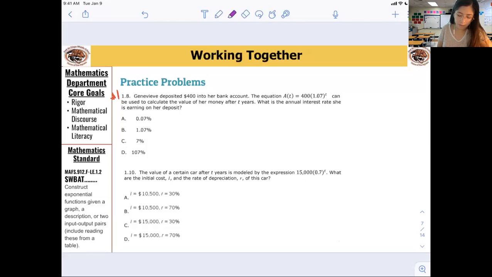So we're looking for the interest rate. And my one clue with this is don't overthink it.